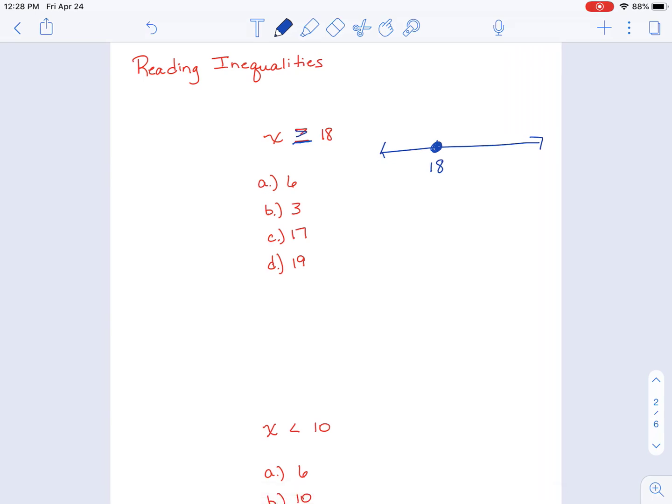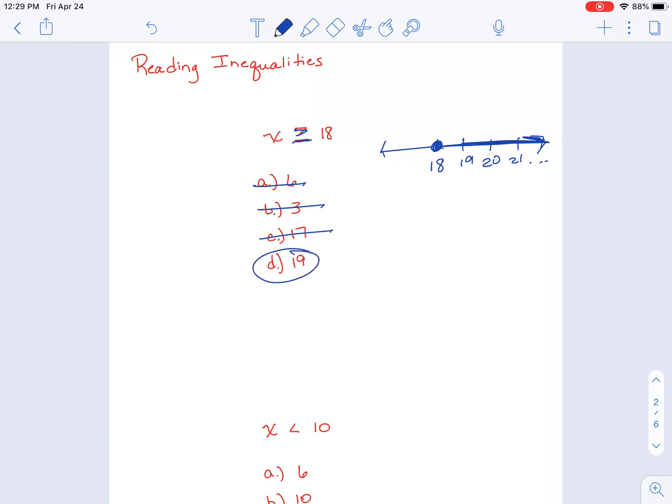And since your symbol is pointing that way, you know it's got to be going this way, which means numbers bigger than 18. So you need a number either 18 or bigger. Look at your choices. Not bigger than 18, not larger than 18, not larger than 18. That one is.